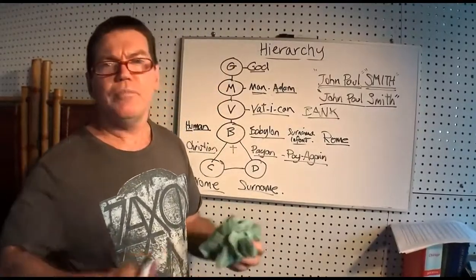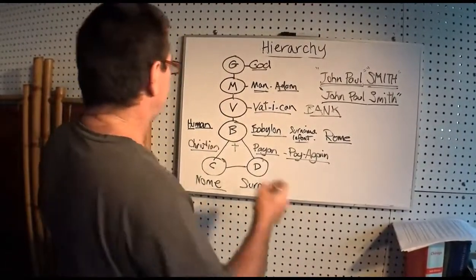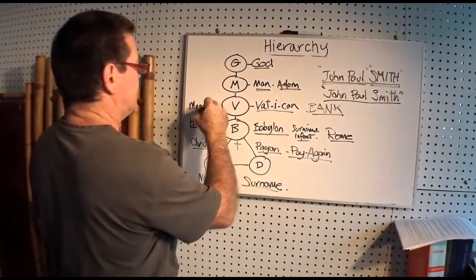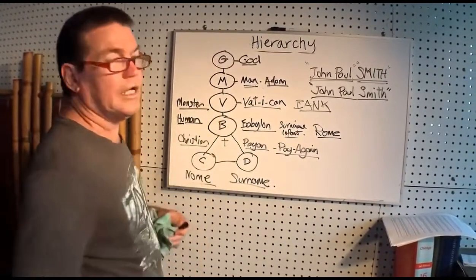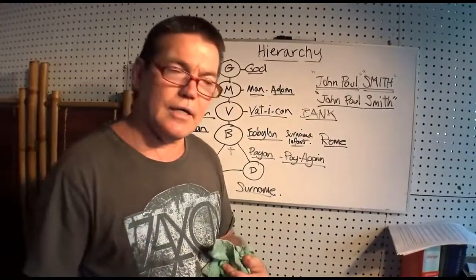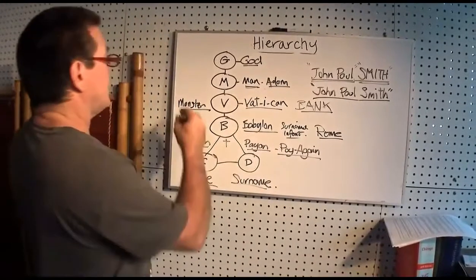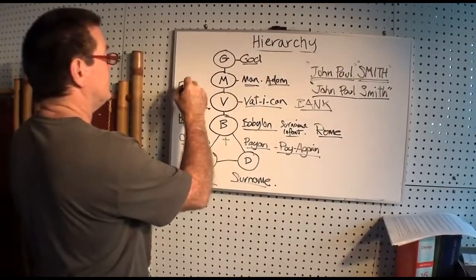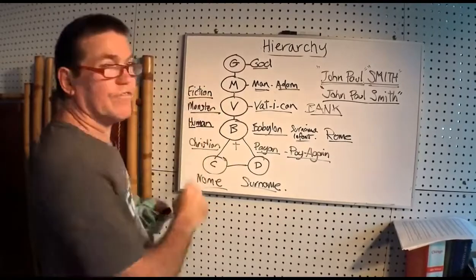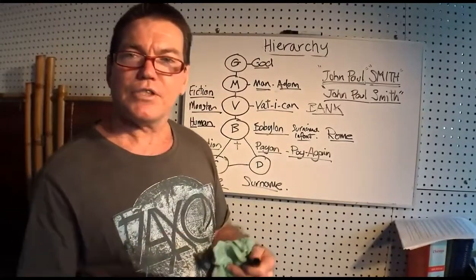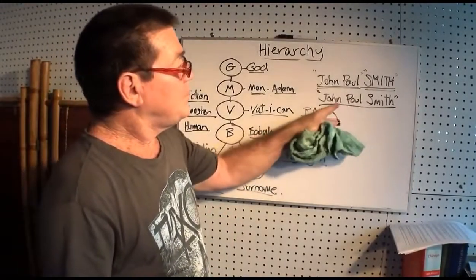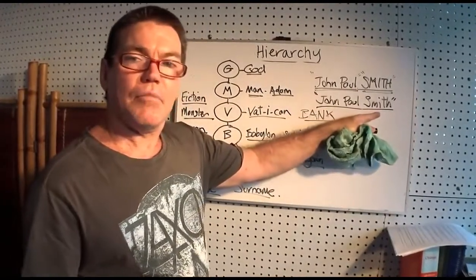Now when you look at the dictionaries again, a human is a monster. And then when you go into monster, the word monster is a fiction. A monster is a fiction.